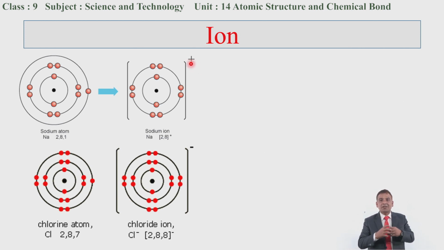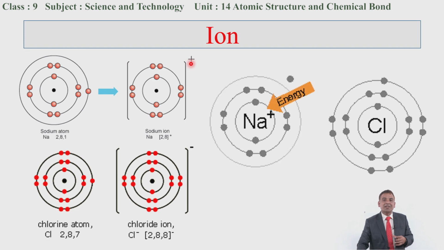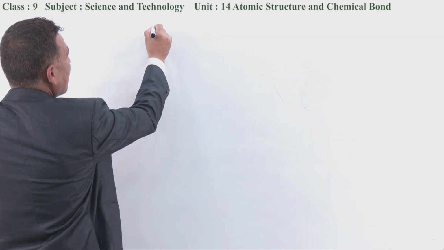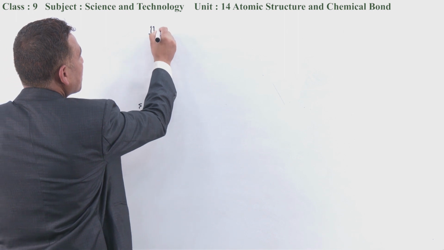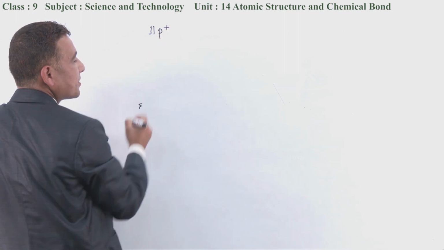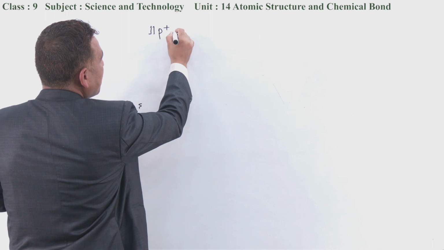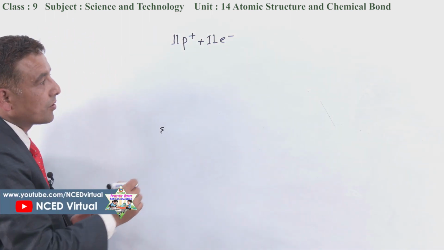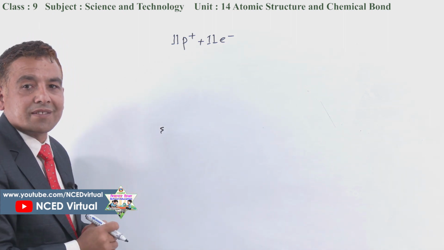So it is acquiring a positive charge, that means 1 positive charge here. How does this sodium metal acquire the positive charge? We can calculate mathematically. There are 11 protons, which carry positive charge, and 11 electrons, which carry negative charge.